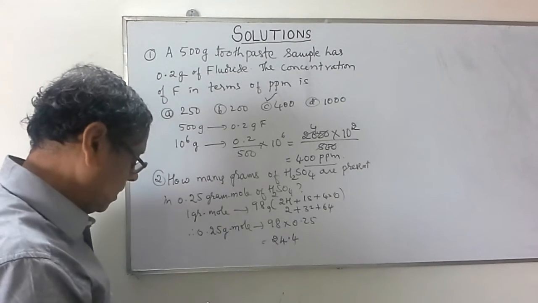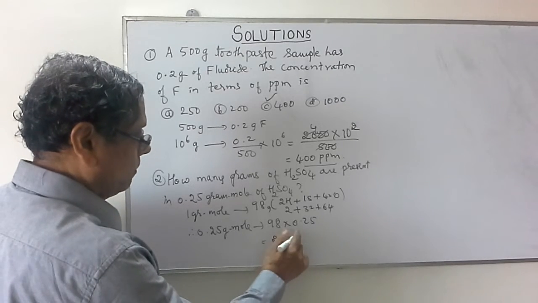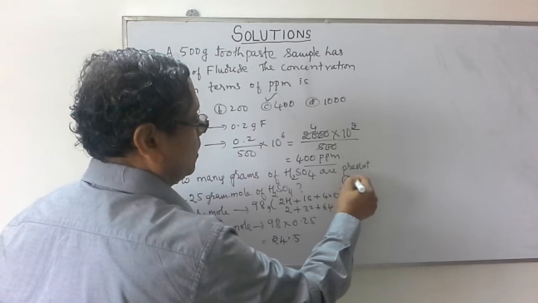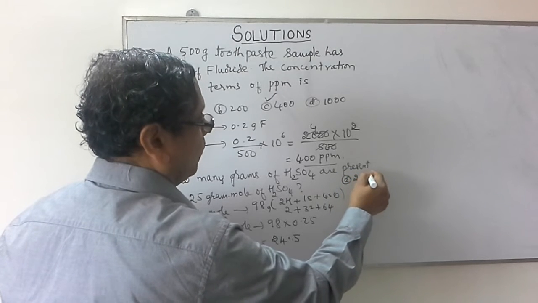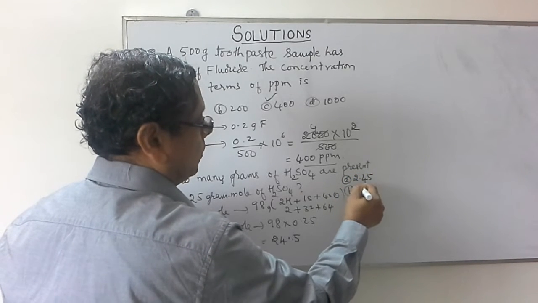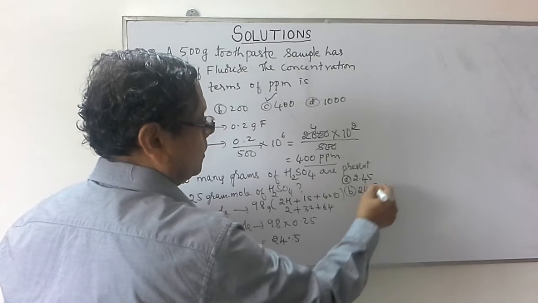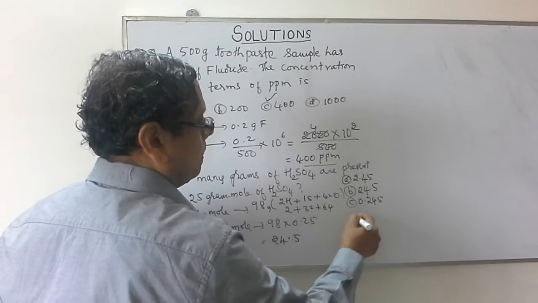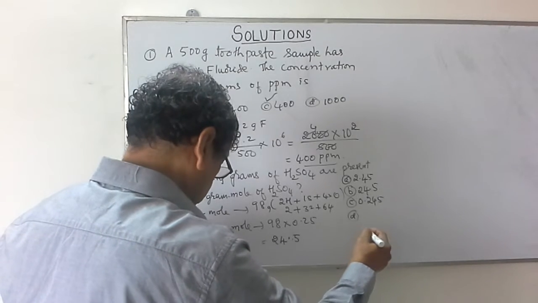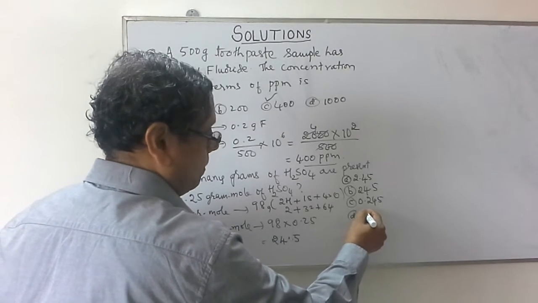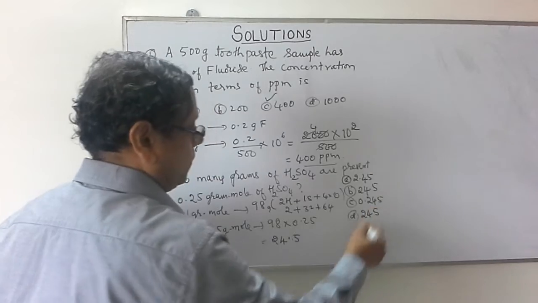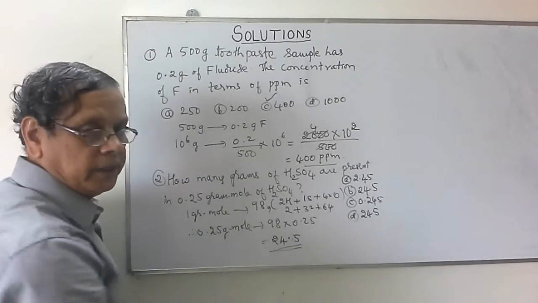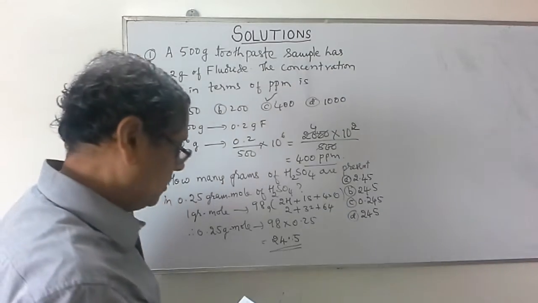The options given are A 2.45, B 24.5, C 0.245 and option D 245, in terms of grams. So the answer is 24.5 grams.